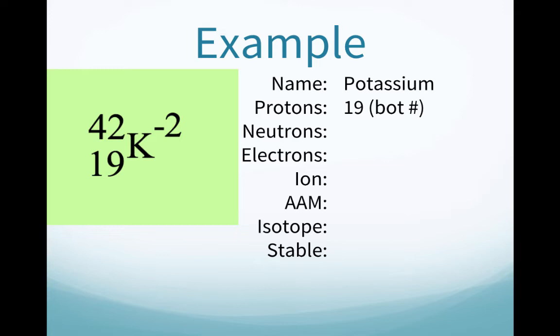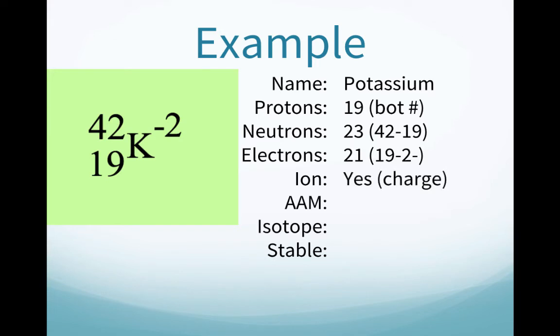That's the bottom left number. There are 23 neutrons. 42 minus 19 is 23. Please learn how to subtract without a calculator. The electrons are 21. 19 minus a 2 negative, or 19 minus -2, you do have to subtract it. Even though it's negative, you end up adding. Again, math. The electrons are 21.